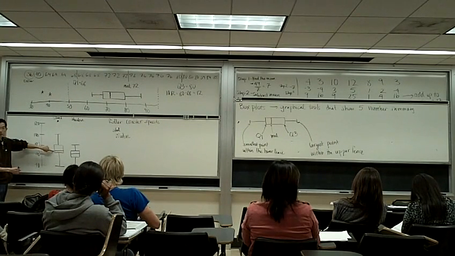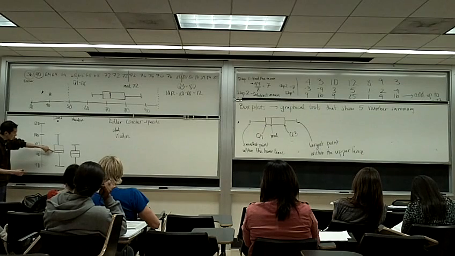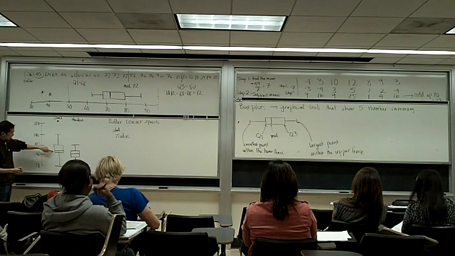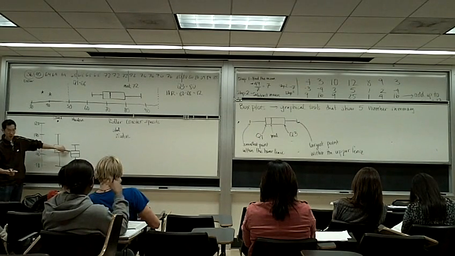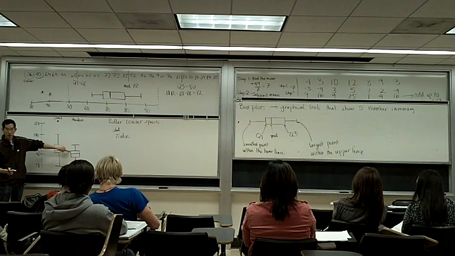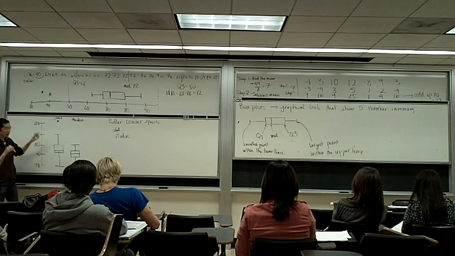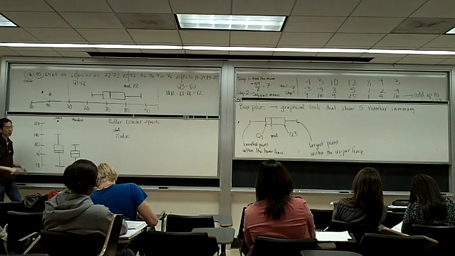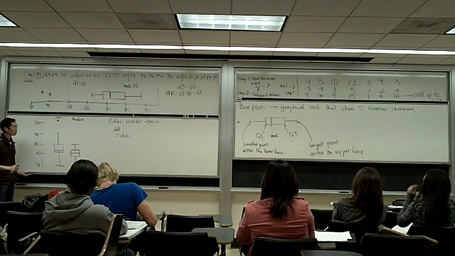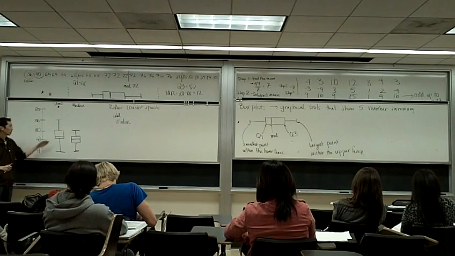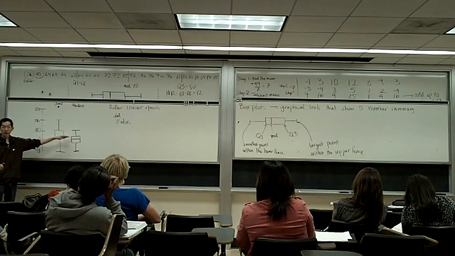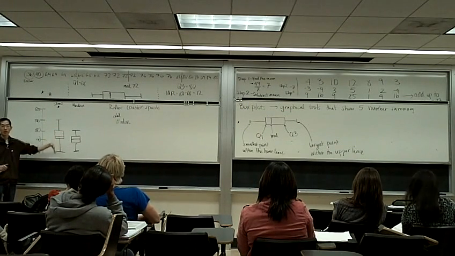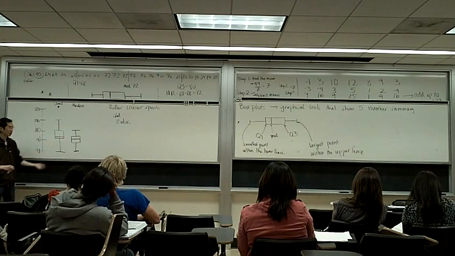This line is the median, and this corresponds to right about here, and this is Q3 of the wooden roller coasters, right? So the median speed of steel roller coasters is faster than or just as fast as 75% of wooden roller coasters, all right?